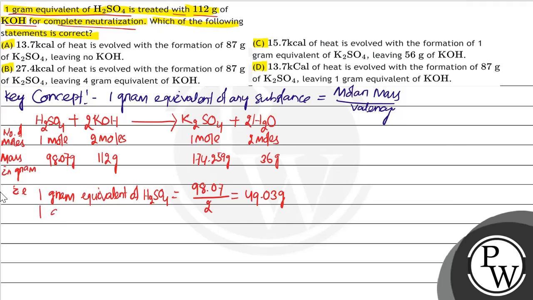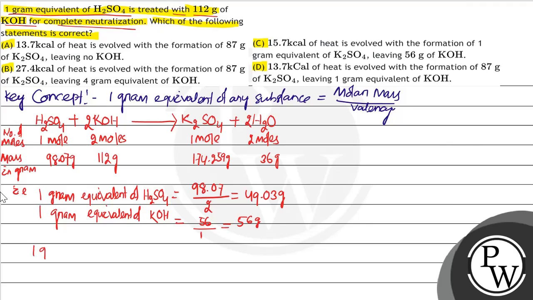And 1 gram equivalent of KOH will be how much? That is 56 by 1, since here the acidity is 1, equal to 56 gram.